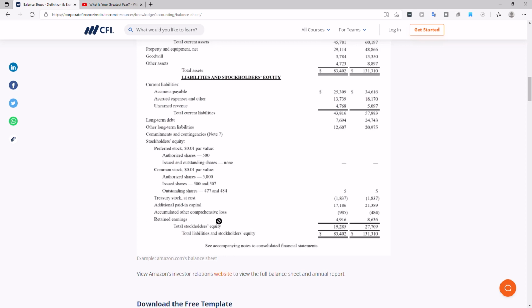Here's your retained earnings line. This is, of course, like we talked about, how much net income the company has been able to keep since inception, and of course you see from 5 to 8.6 year-over-year growth is good because it shows the company has made positive net income and didn't lose the money after distributions such as dividends, preferred dividends and stuff like that, and minority interest.